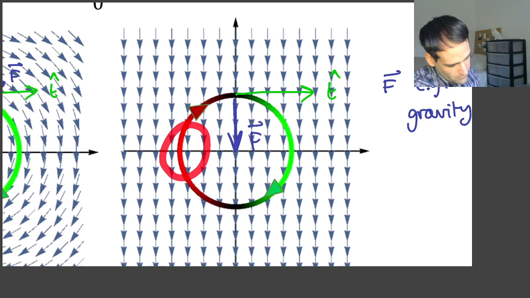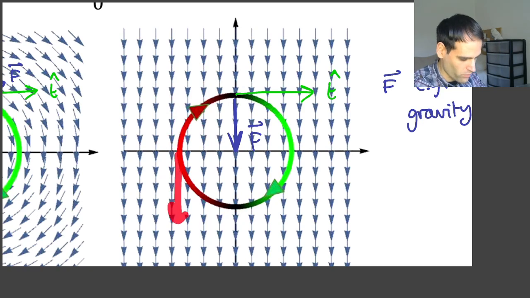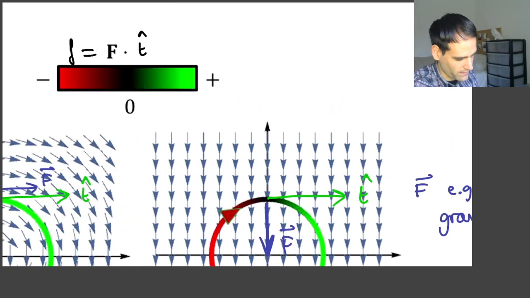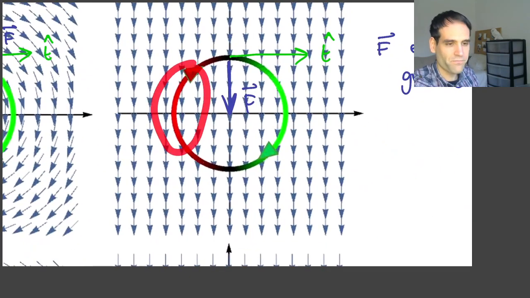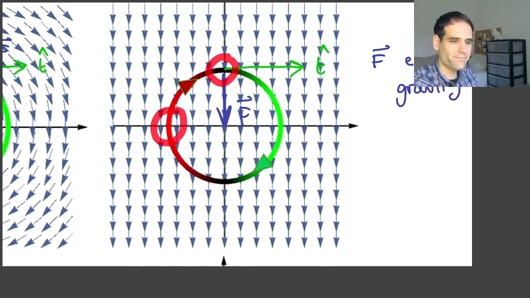Now on this region, the tangent vector is pointing kind of upwards, while the force is pointing downwards. And therefore the dot product F dot t hat is going to be negative in this region. It's going to be more negative here, and then less negative, less negative, until it goes to 0 here. That's why there is a gradient between red and black.